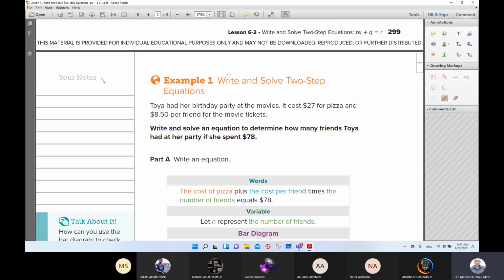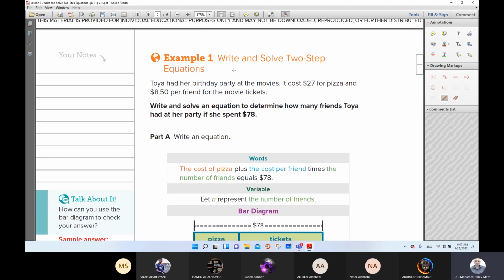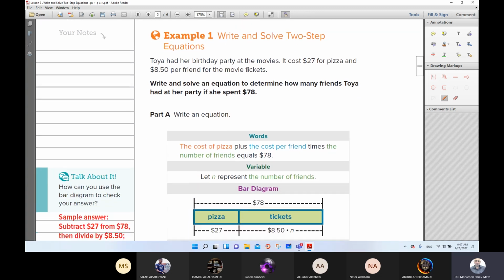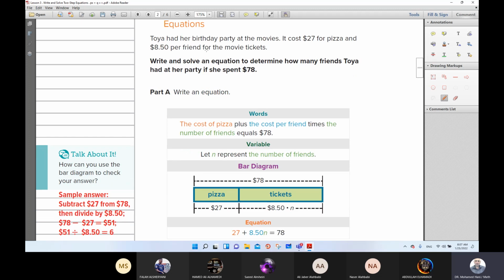For example, write and solve two-step equations. Toya had her birthday party at the movies. It cost $27 for pizza and $8.50 per friend for the movie tickets.